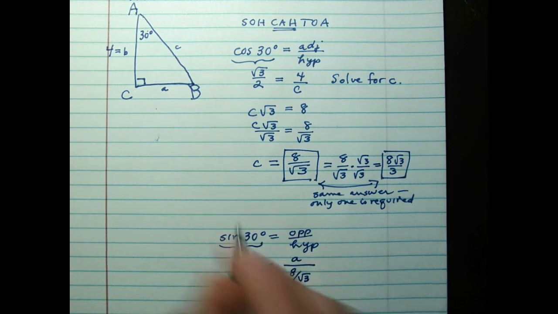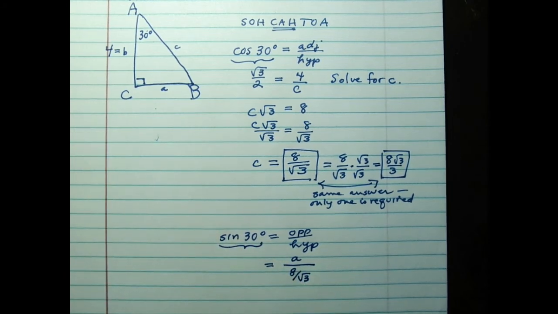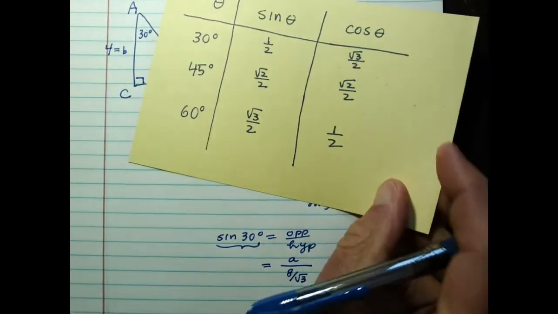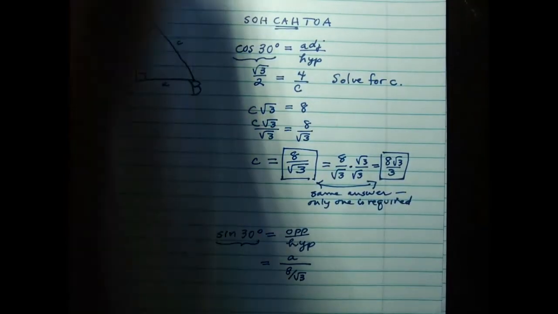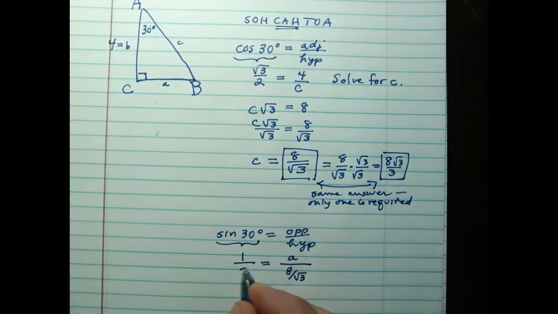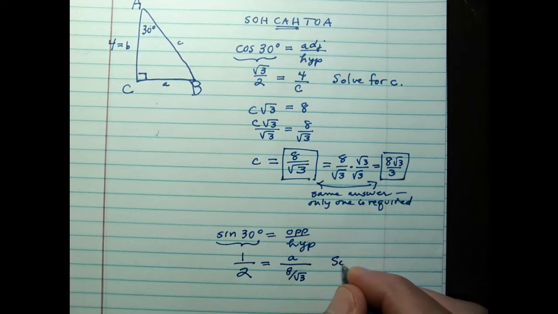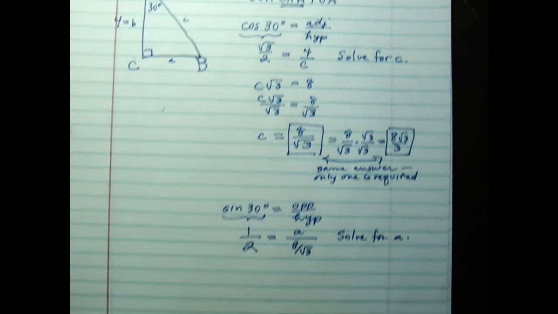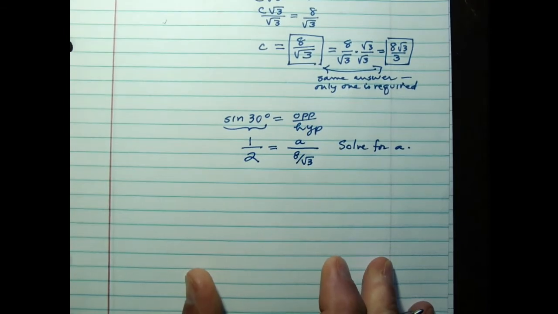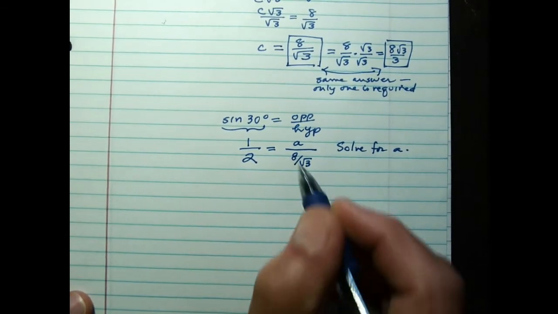Sine of 30 degrees, from our yellow card, I know always has to come out to be 1/2, so I have that memorized. So I can set up this proportion equation that we can solve for A. I was able to use sine now because I had a value for C to plug in.